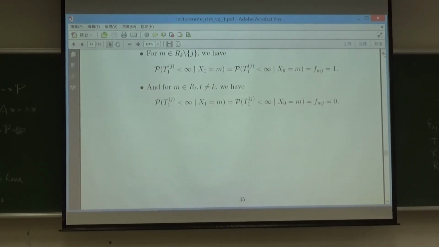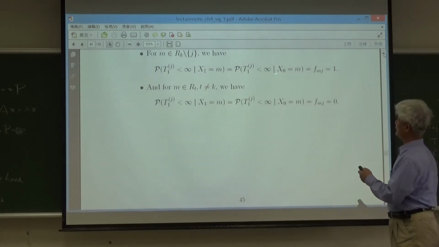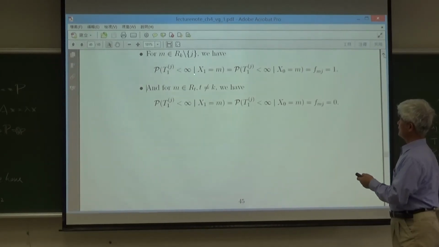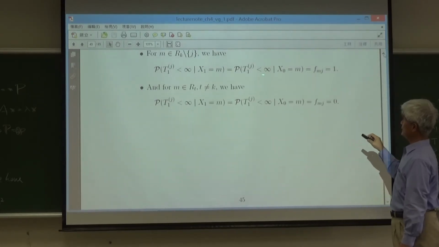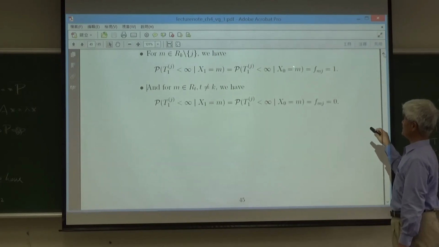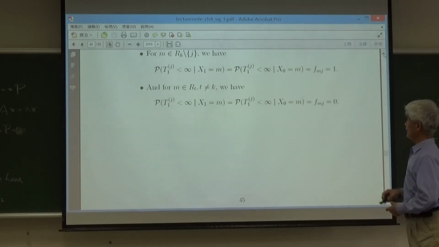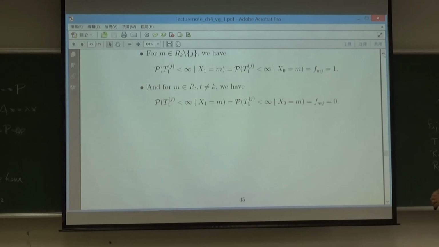And also, if M is in the same recurrent class, this is the same, right? So you start with a state not equal to J, and this is the same as you start at time 0. You start with the M state in the same recurrent class, and this is F_MJ. The F_MJ is equal to 1. So this is also true.